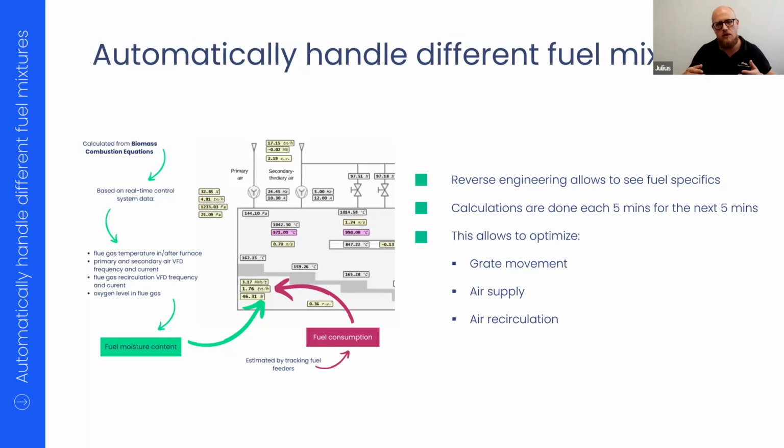So the digital twin calculates fuel in 5-minute intervals for the next 5 minutes. Educated guesses are made to estimate what will happen in the next 5 minutes. These guesses are used to optimize the grate movement, air supply, recirculation, whatever is chosen to control.